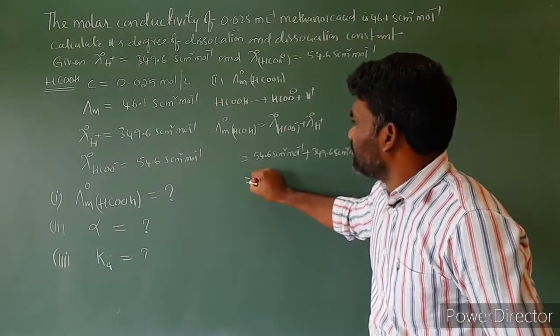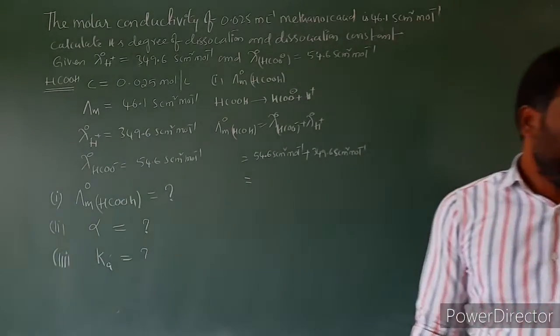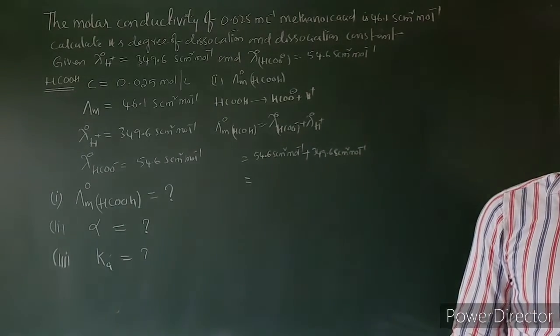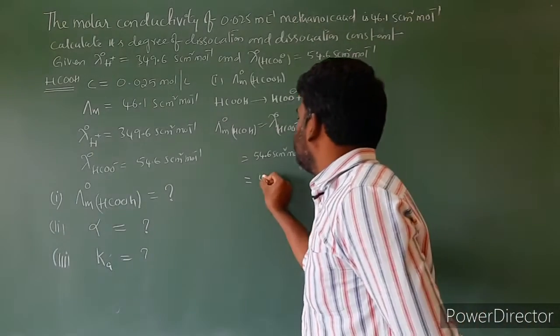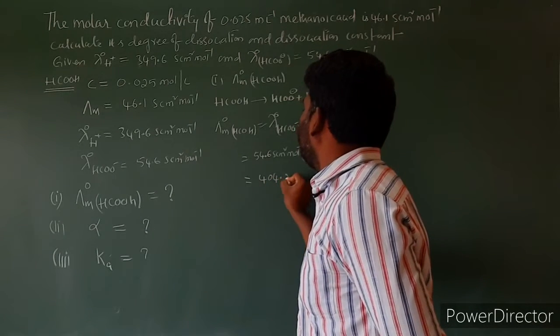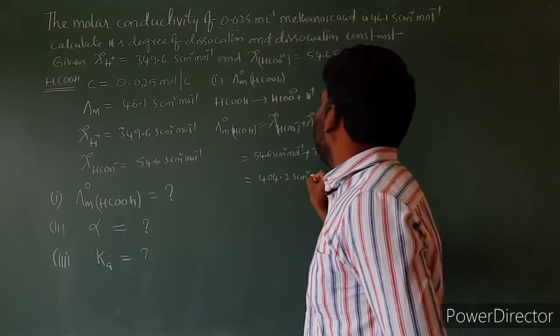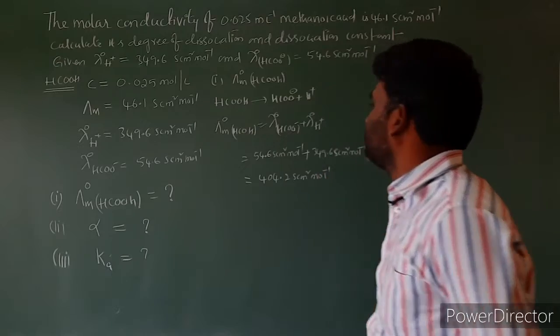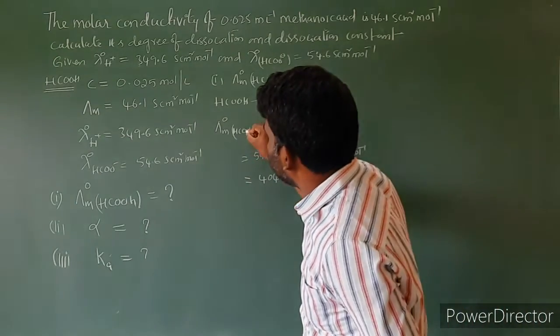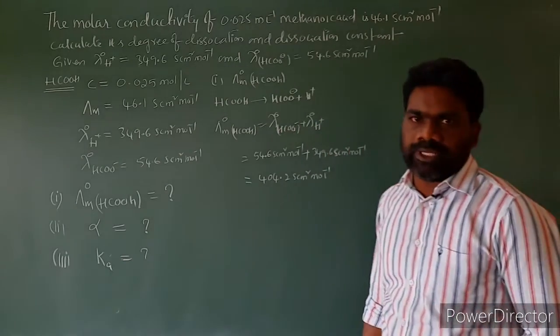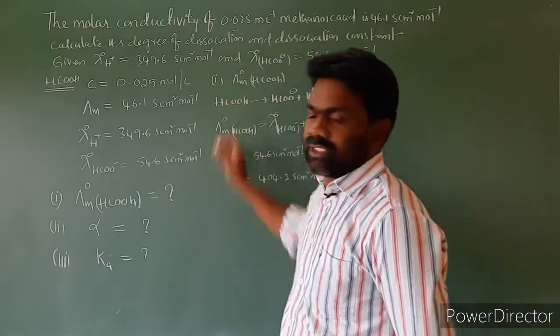So upon simplification, 54.6 plus 349.6 gives 404.2 Siemens centimeter square mole inverse. So this is the lambda m naught of HCOOH, methanoic acid. This is the first question answer.